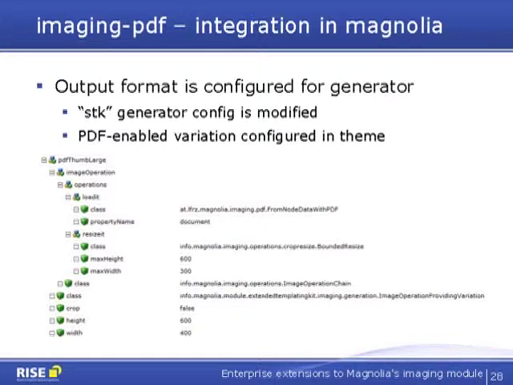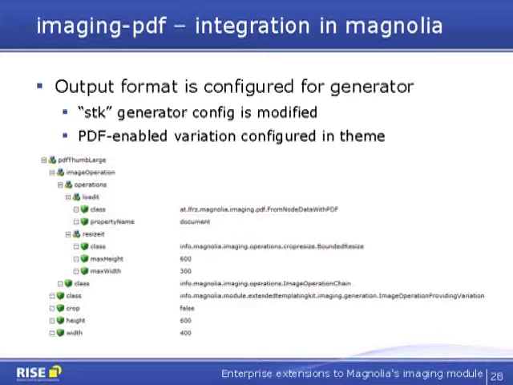And to get that running in Magnolia, we basically modified the configuration for the STK generator to use our custom output format. And then to configure the PDF loading, we do that directly in the theme configuration for the variations. So you can see a little screenshot here again.